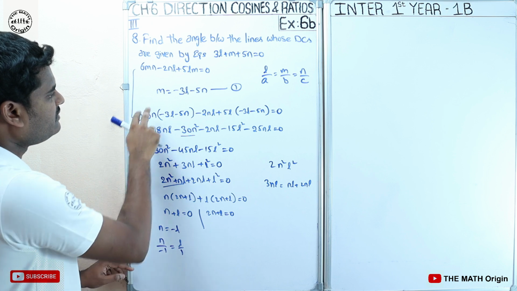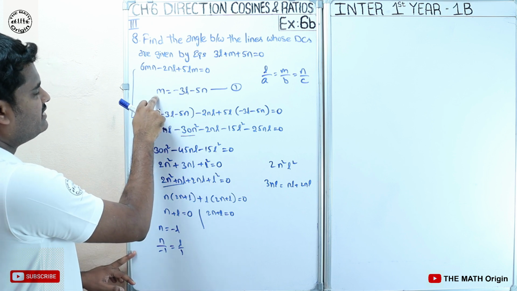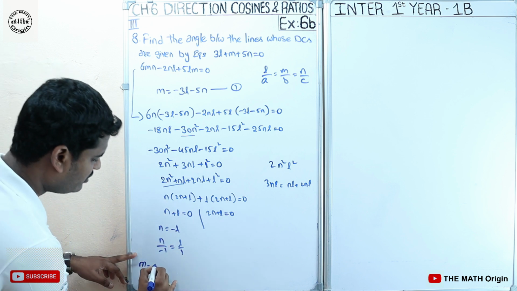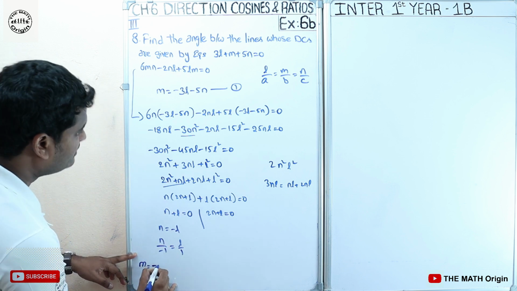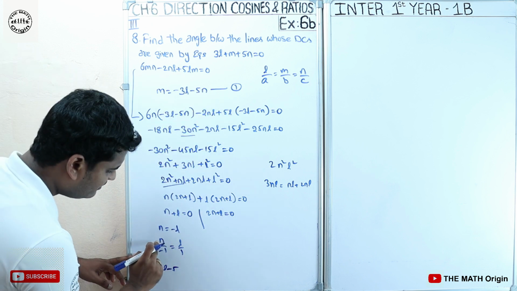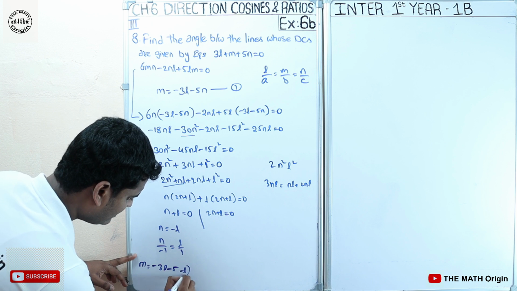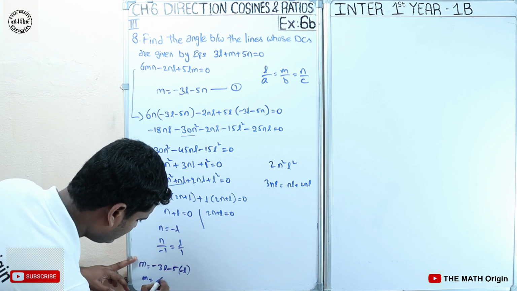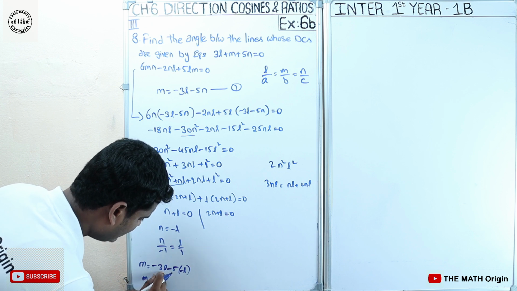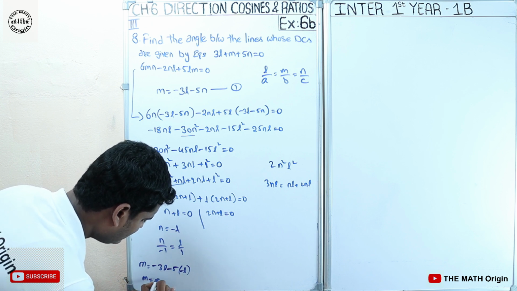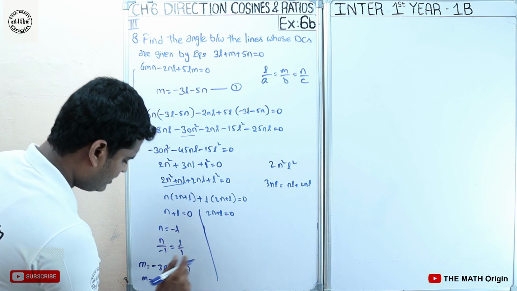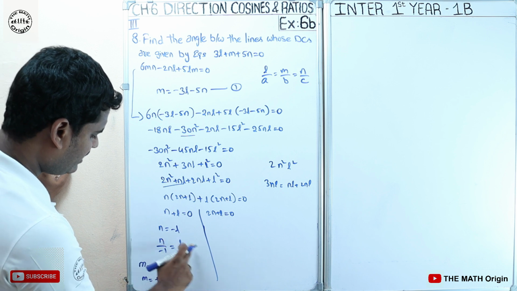Okay, I will take this equation, m equals to, from this m is equals to minus 3l minus 5n. 5n means minus l, it is minus l. Therefore m is equals to minus 3l plus 5l, it is plus 2l. Okay, from this we want l by 1, right?